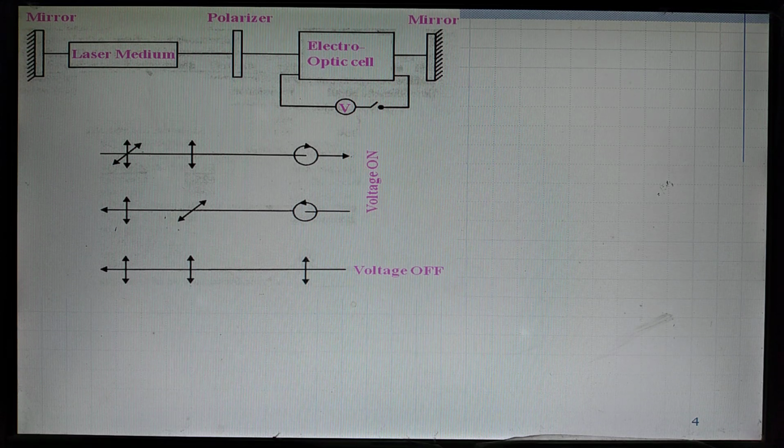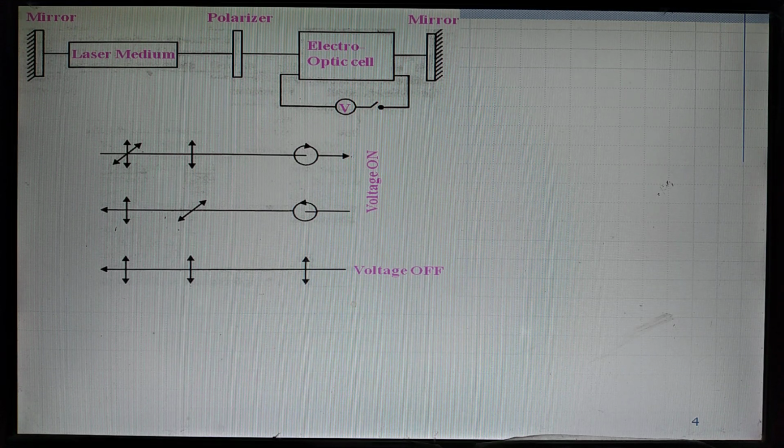In voltage on condition, light emitted by the laser becomes linearly polarized by the polarizer. The linearly polarized light incident on the crystal splits into two mutually orthogonal components. As the two components travel through the electro-optic crystal, a relative phase retardation of 90 degrees is produced between them.